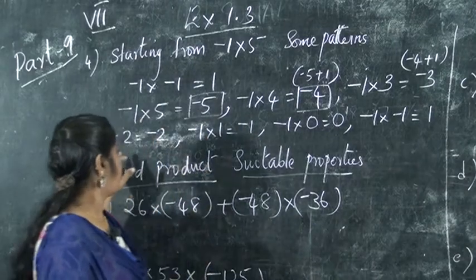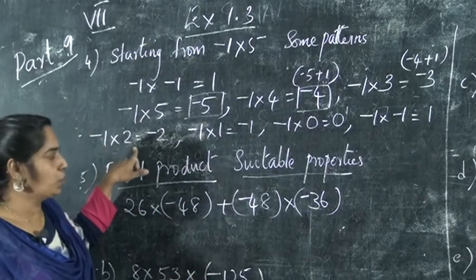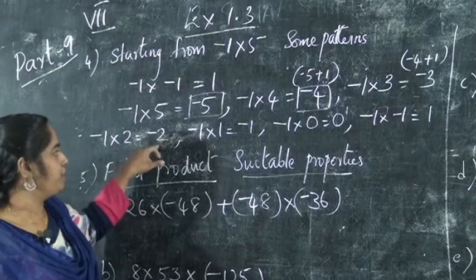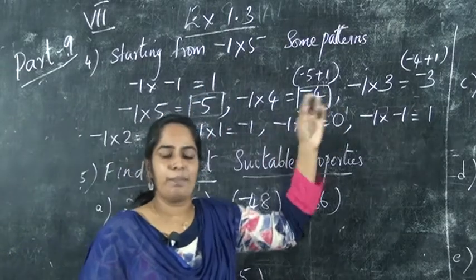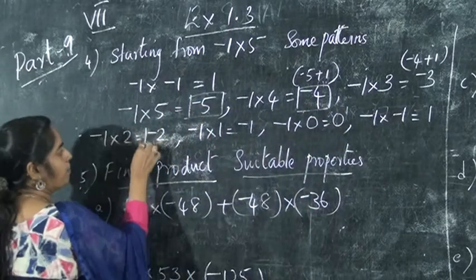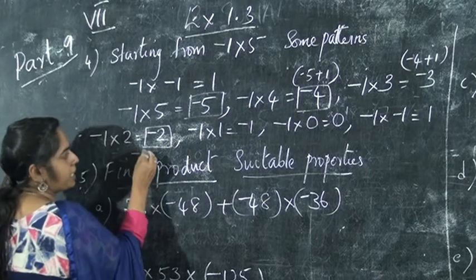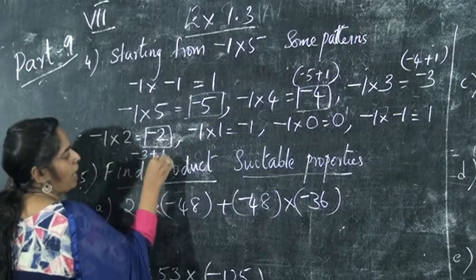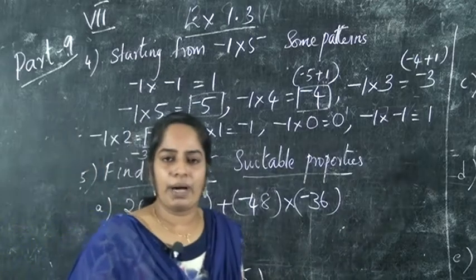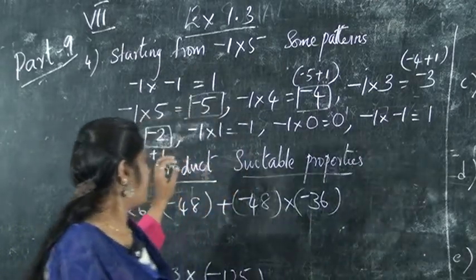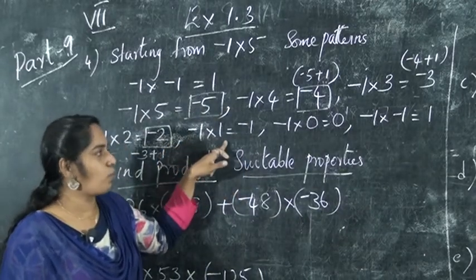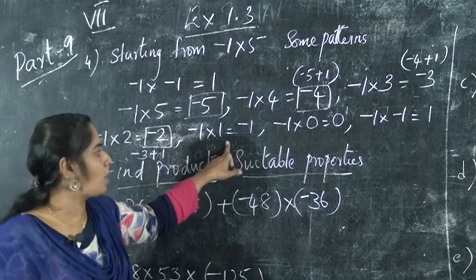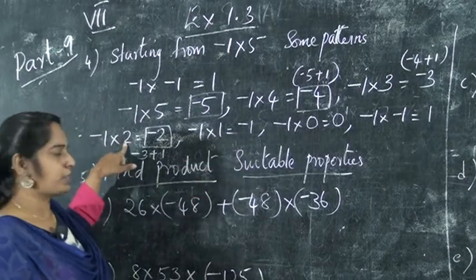Again we want to write -1 into 2. That is -2. It becomes -3 plus 1, isn't it children? Here -2, how are we getting it? -3 plus 1 is -2. Okay, next number is -1 into 1. So -1 into 1 is -1.